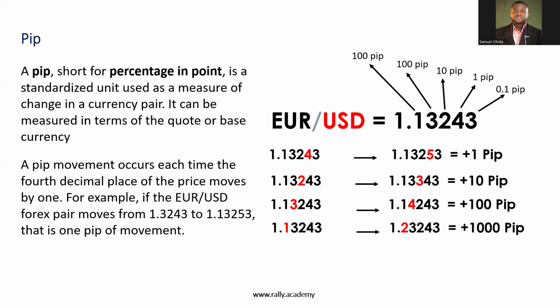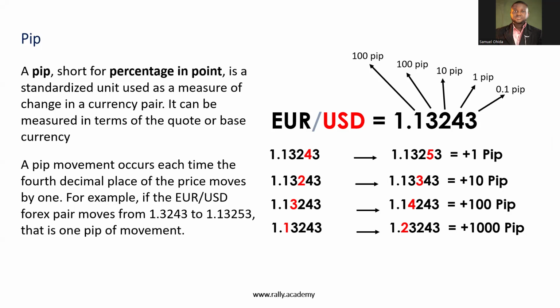When we talk about change in volume, we could use liters. But for trading, when we're talking about change in the value of an asset, moving from one value to another, what we use for measuring the change, especially in a currency pair, is what we refer to as PIP.